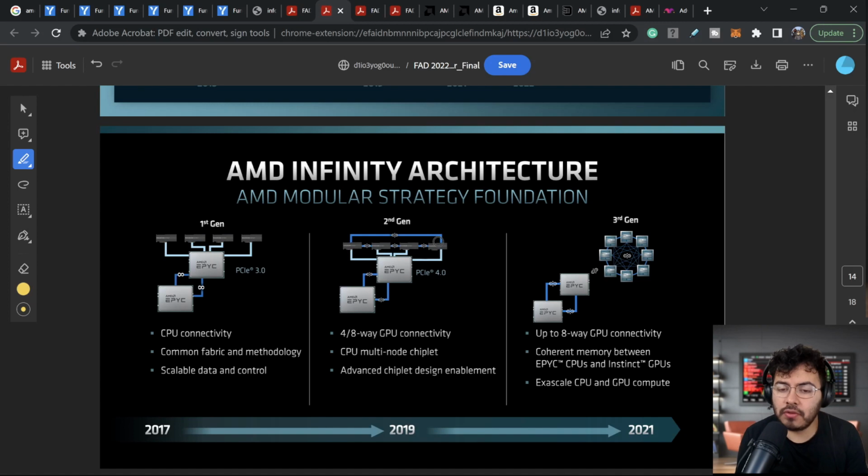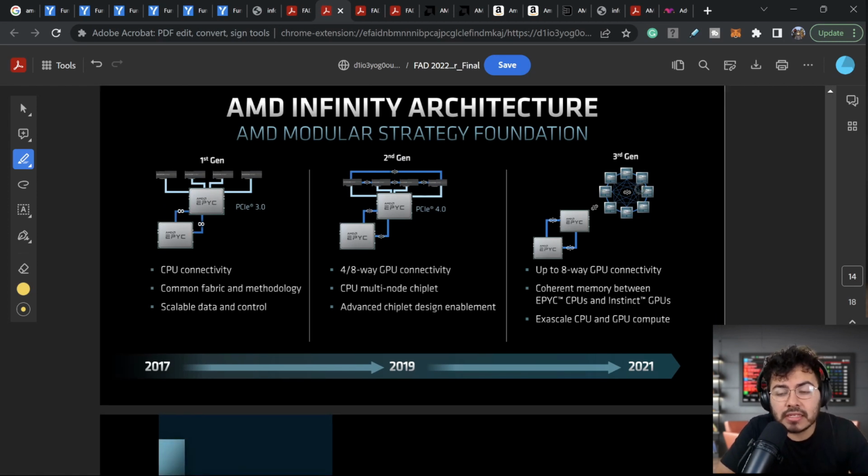AMD, continuing on, when you have so many chips and so many different products, you want them to communicate really well with each other. And AMD does that really well with what they call the Infinity Architecture. If you have an AMD CPU, an AMD GPU, an AMD DPU, or any other AMD products, the architecture AMD has to communicate with each other is better.